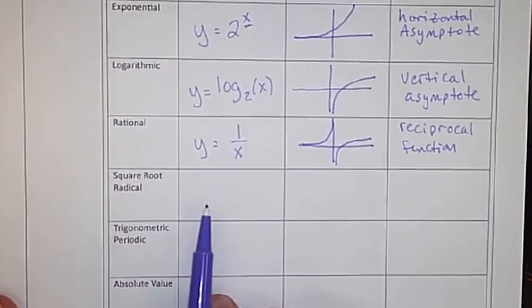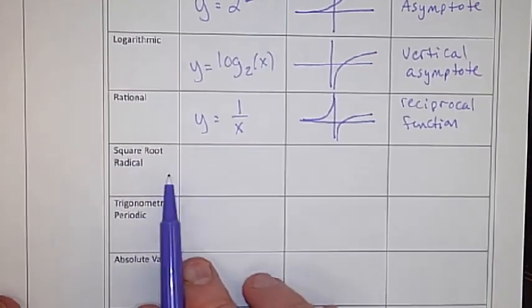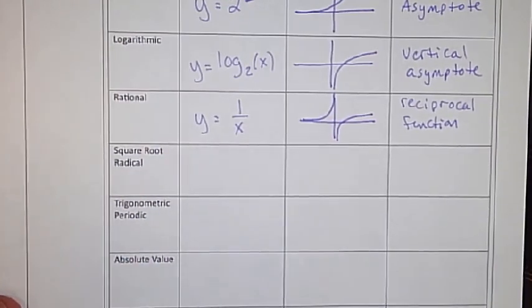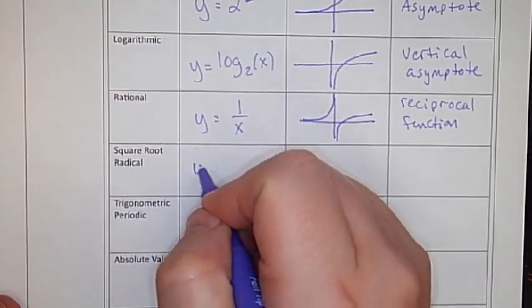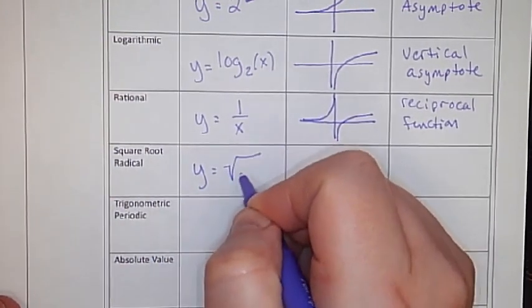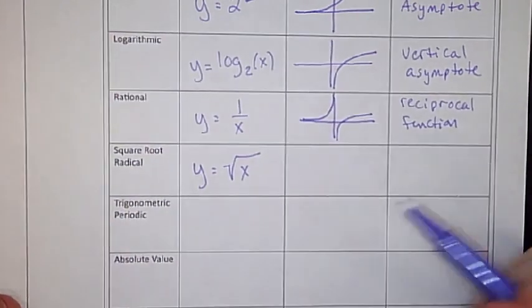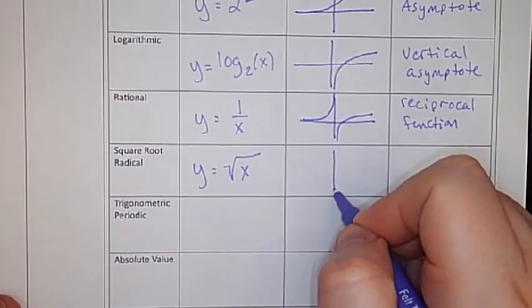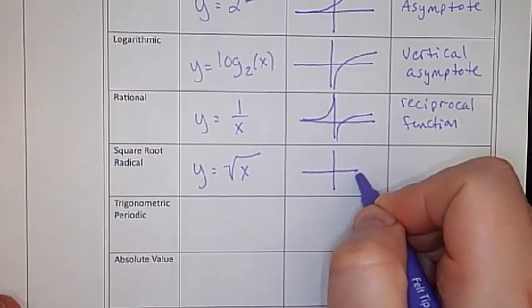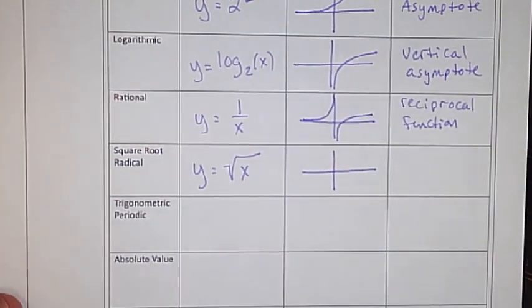Next, we have the square root function, which is an example of radical functions. The equation is y equals the square root of x. One example, as I said, of radical functions. In the future, we will look at a few others, more specifically the cube root we will also examine. This represents the inverse of the quadratic function.